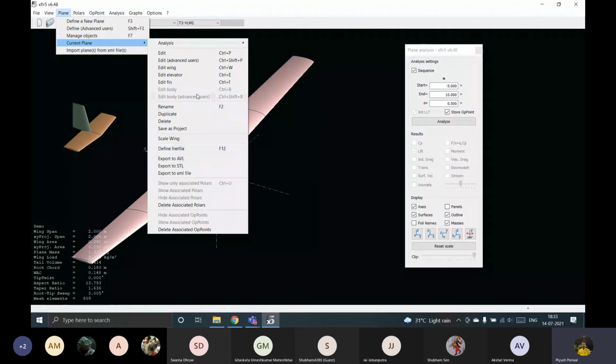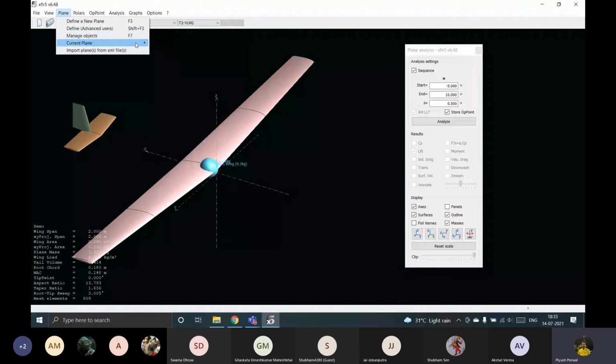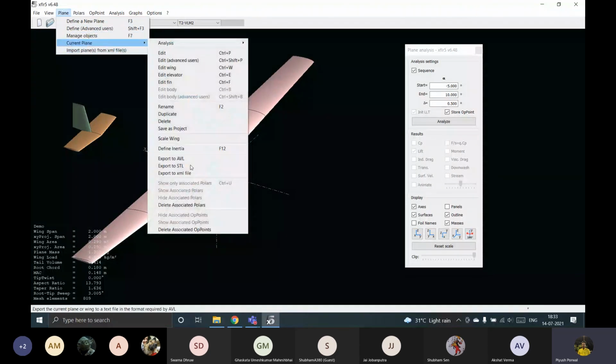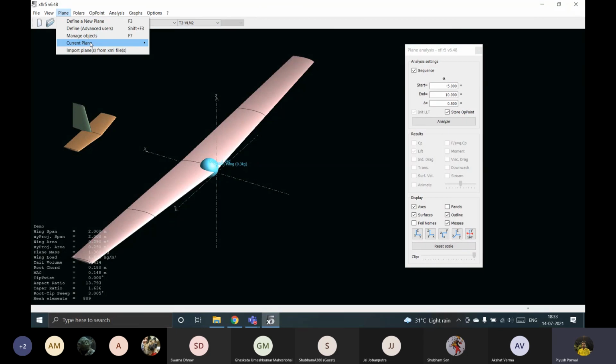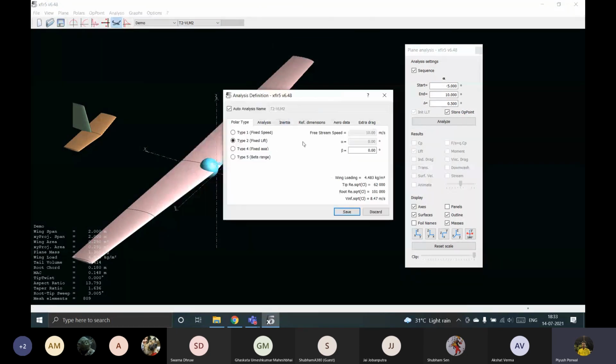First you have to properly select all the dimensions of the plane and the weight accordingly. Because of this, the analysis is not able to be done. So it will take time to properly mention all the weights and dimensions.